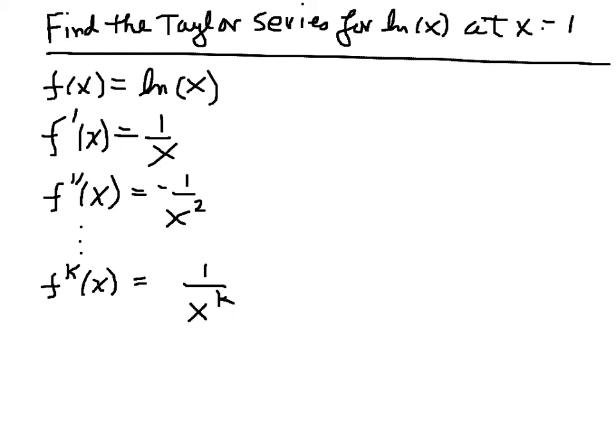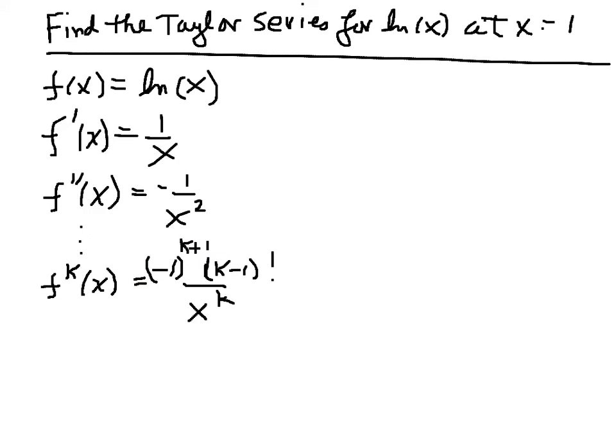On the top we're going to have k minus 1 factorial, and this is going to be minus 1 to the k plus 1. So take a few minutes and maybe fill in a few more derivatives here until you actually see why this pattern works.